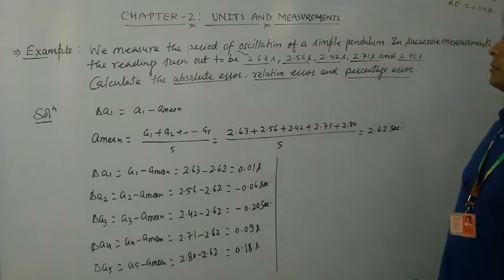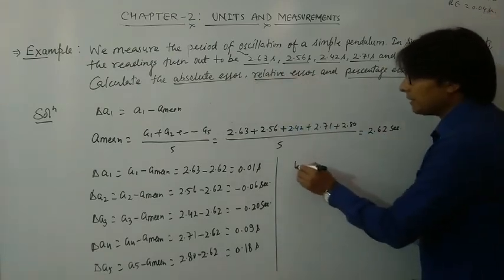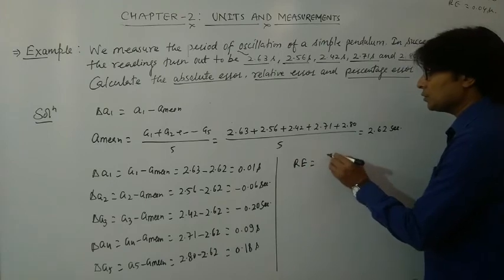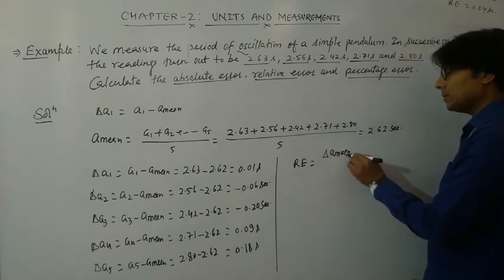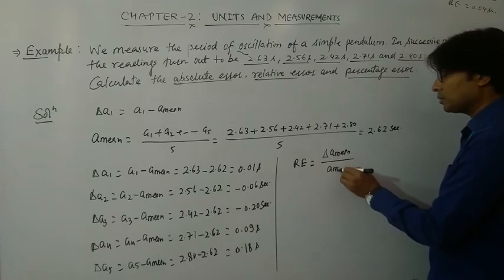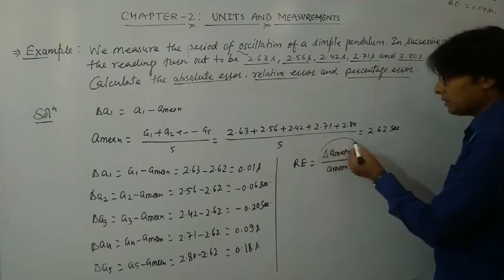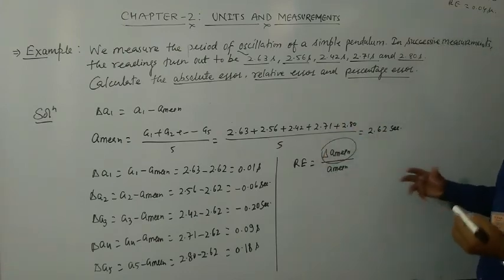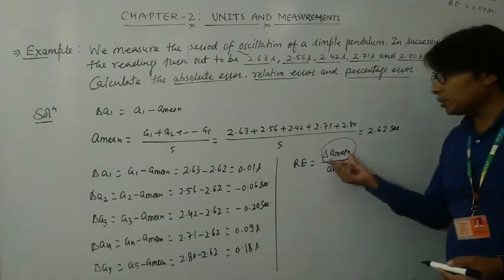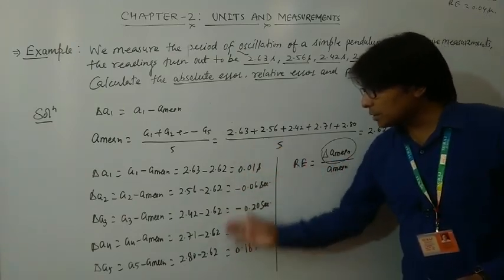Now we have to find out the relative error also. What is the formula for relative error? Relative error is equal to the mean absolute error, delta A mean, divided by the mean value. We have already calculated the mean value, but we do not have delta A mean, the mean absolute error. So first we have to calculate the mean absolute error using all these absolute errors.